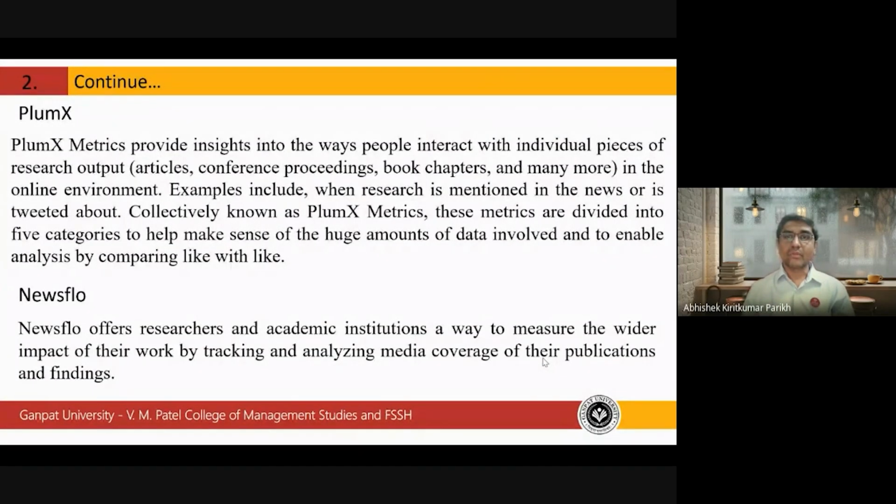So articles, conference proceedings, book chapters, and many more in the online environment. So open access, online available.